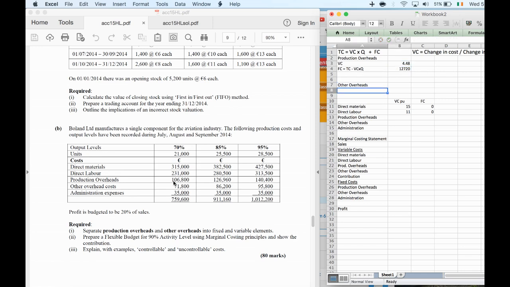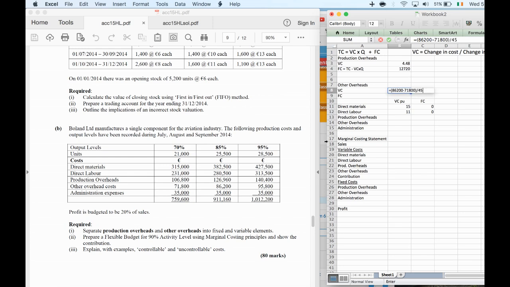So for the other overheads, I'll again have my variable cost, and I'll use the same formula for fixed cost. So variable cost for other overheads. Again, looking at how it changes from there to there, other overheads goes from 71,800 to 86,200. So variable cost is 86,200 minus 71,800.